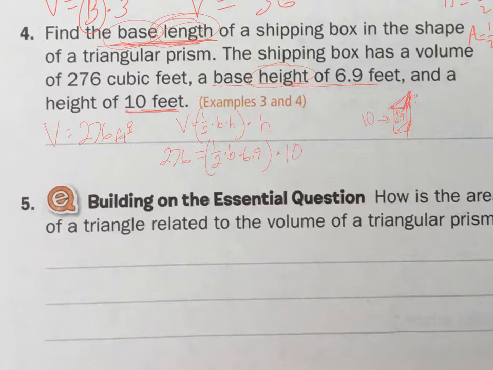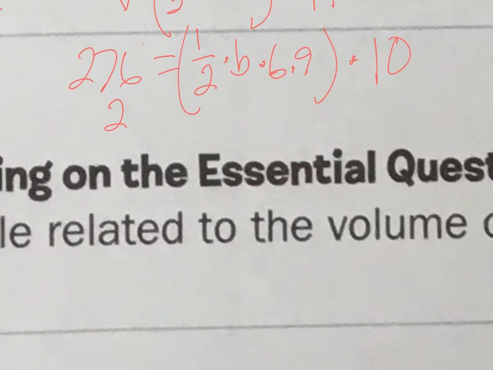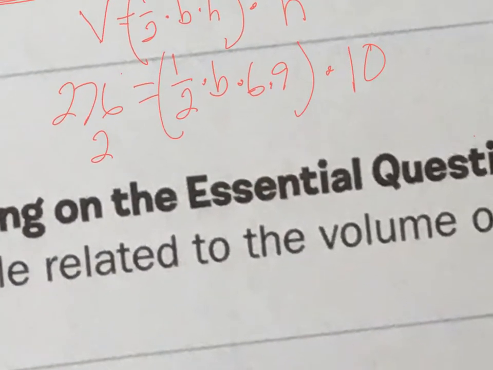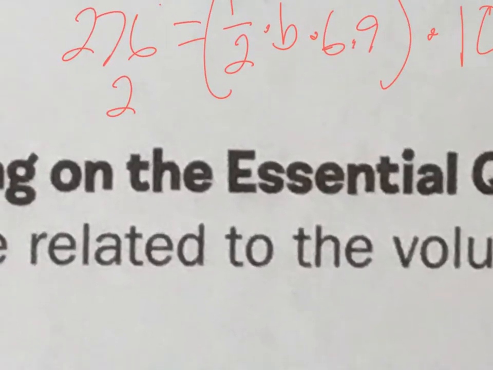Okay. So let's do all this. 276 equals 1/2. I'm going to say is 0.5 times b times 6.9 times 10.